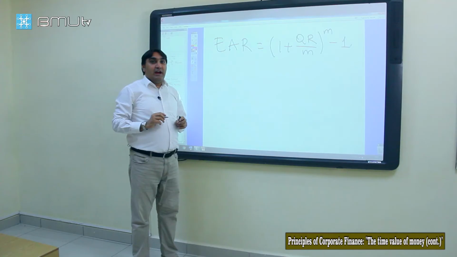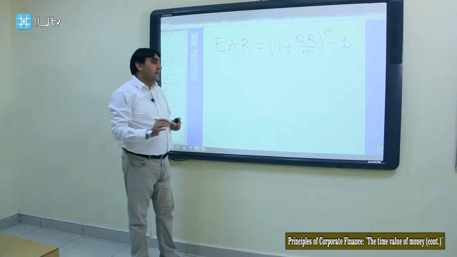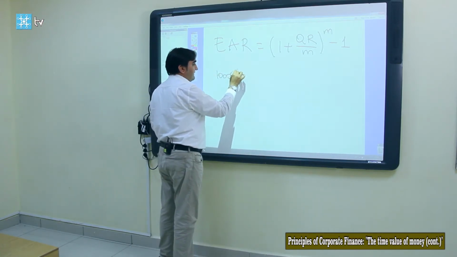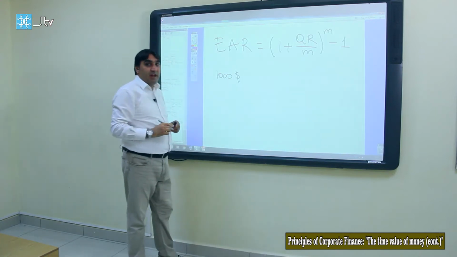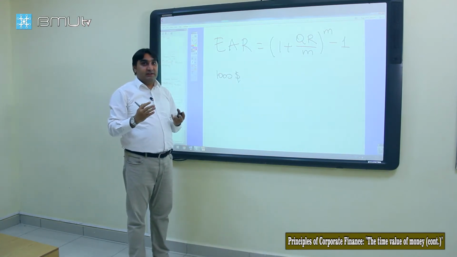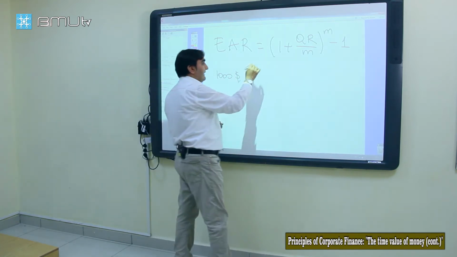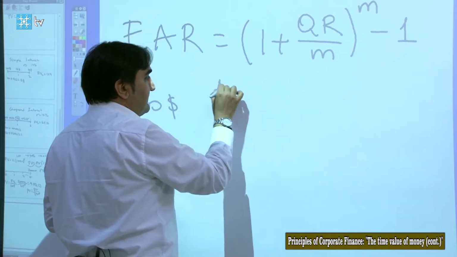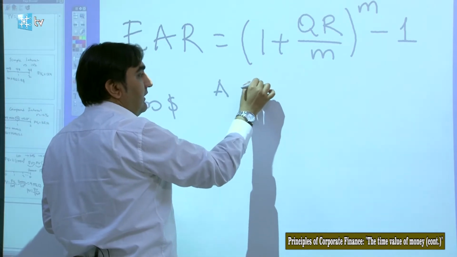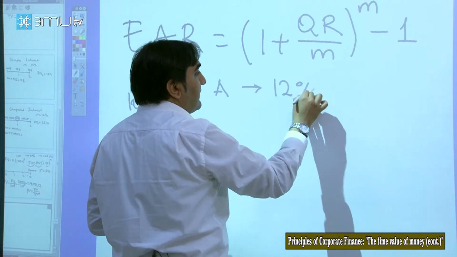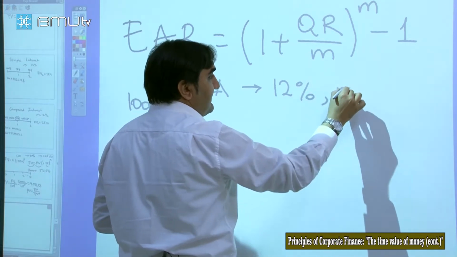Assume we have $1,000 of investment. We want to invest this amount in a bank savings account. We have 3 banks. Bank A offers 12% compounded monthly.